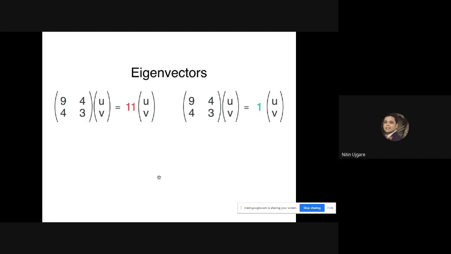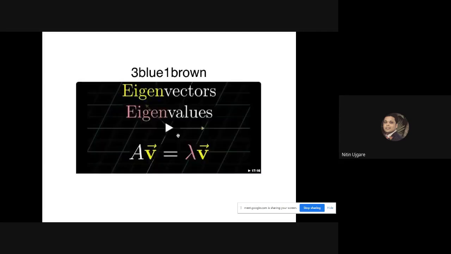So these are our eigenvectors and eigenvalues. If you take the product of the eigenvalues and eigenvectors, you get the covariance matrix. If you want to know more about eigenvectors and eigenvalues, you can go through the website 3Blue1Brown, where you will get more algebraic clarification.